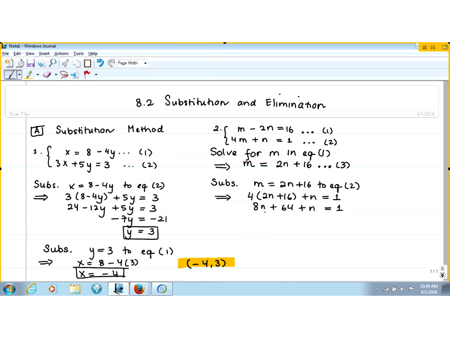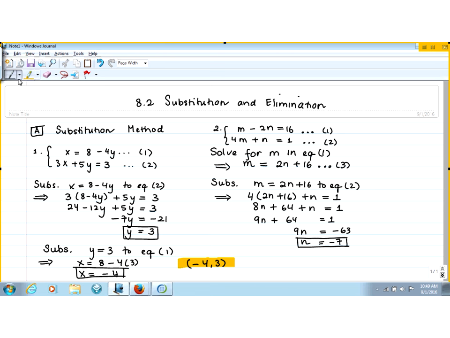What do we do next? Okay, so what is that? 9n plus 64 is 1. Okay, then? Yes, so what is 1 minus 64? Negative 63. So n is negative 7. Yes.